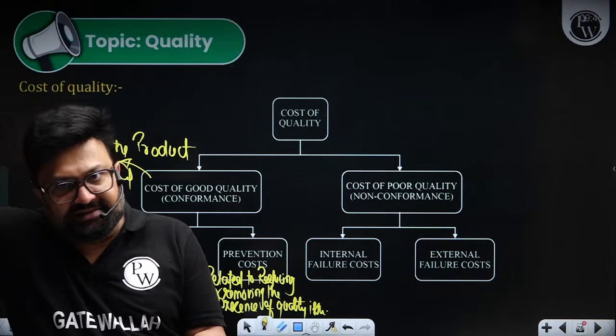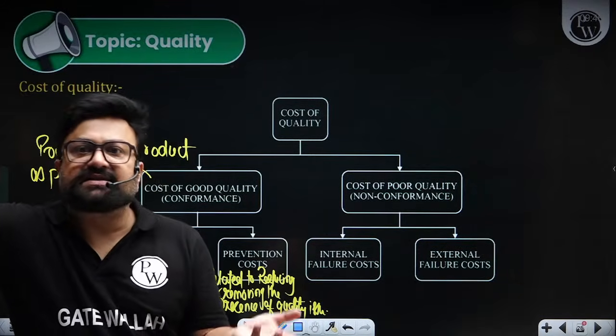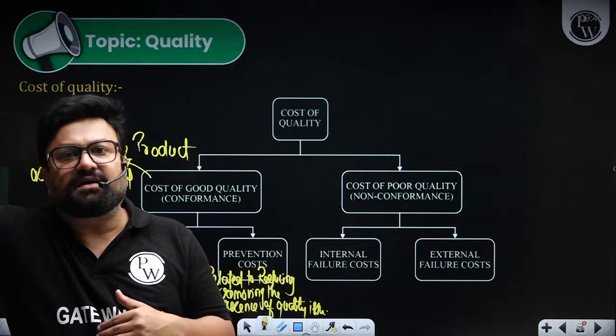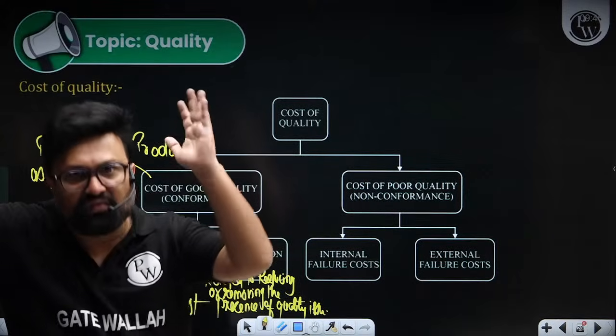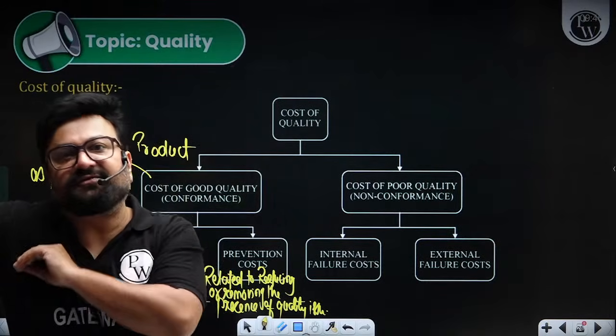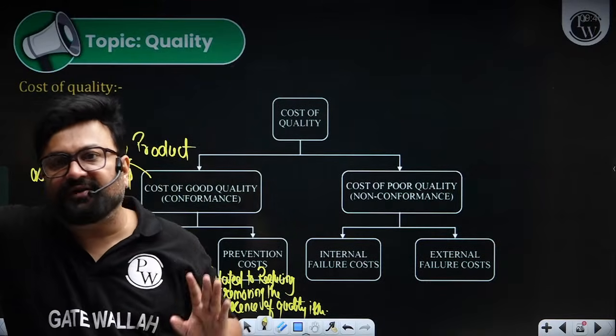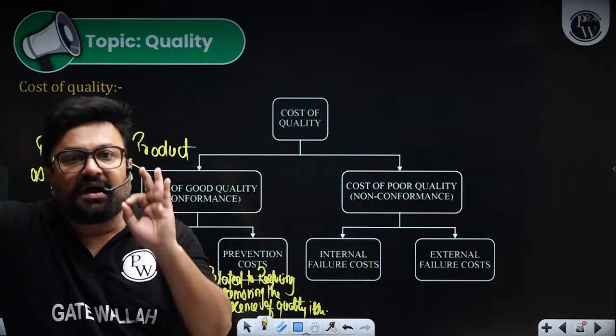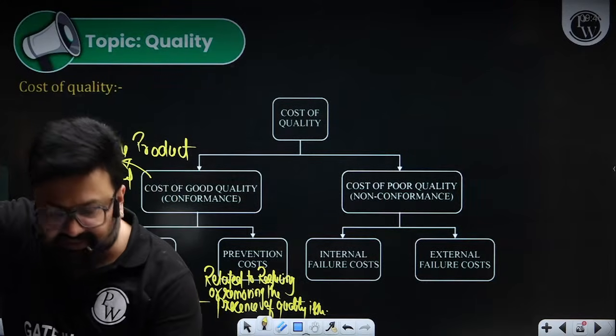So risk analysis, quality assurance and corrective action work to prevent future defects from occurring are considered as prevention cost.